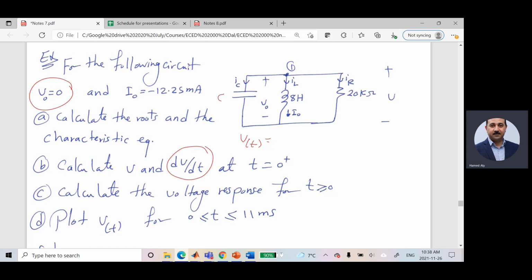So for solving the problem, I have to find alpha and omega first, and based on their values, I can say which one I can use.